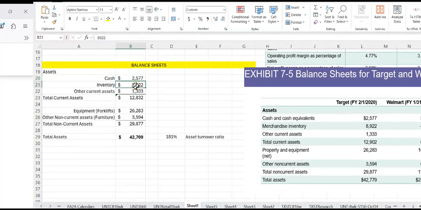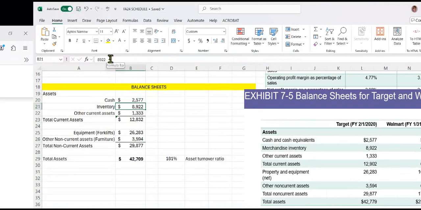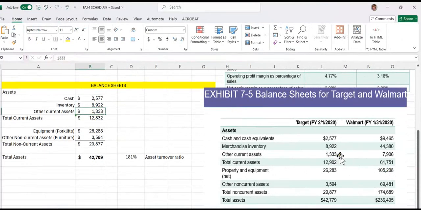They gave us inventory of 8,922, and they gave us current assets of 1,333. So if I add these three numbers together, I should come up with total current assets, 12,902. Let's see. Do I have everything typed in? 2577, 8922, 1333.